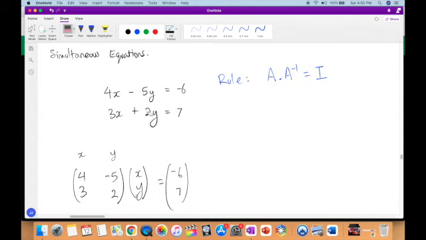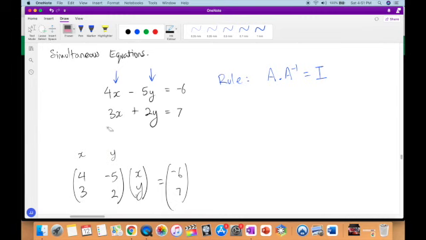So if it's not together, rearrange the equation so that they are together. Once you have it like this, where the x's are in one column and the y's in a column, you can take the coefficients -5, 3, and 2 and form a matrix. And look, the x's are in this column and the y's are in this column.